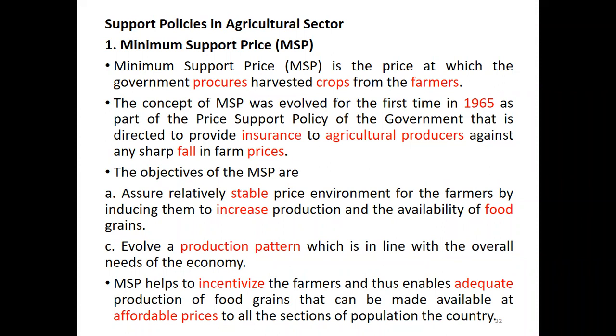Getting this? That's why MSP will give a stable price environment for the farmers by inducing them to increase the production and availability of food grains. If they think cultivating this product will benefit them, only then will they do it, otherwise they will not.